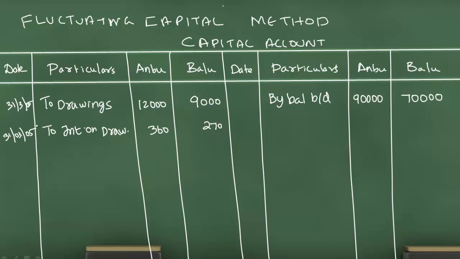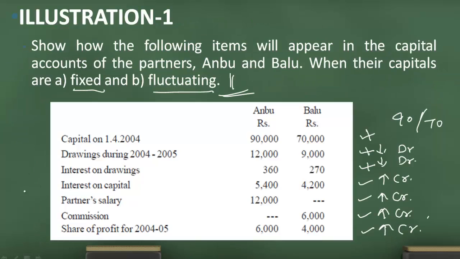We'll go back to the question. So the third item is interest on capital. Interest on capital is going to be added with the capital, and partner salary and commission are all credits to them. It's going to increase their capital level. So all the three items should find a place on the credit of the partner's capital account.